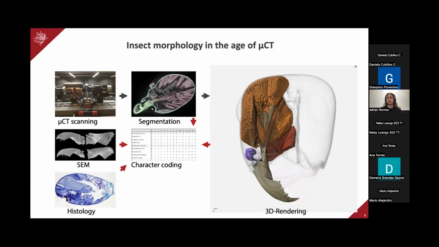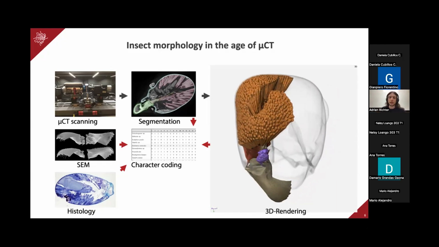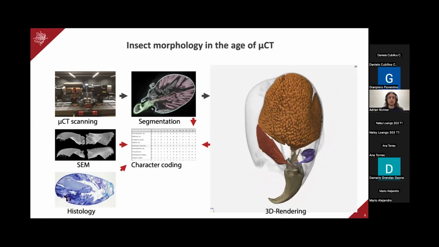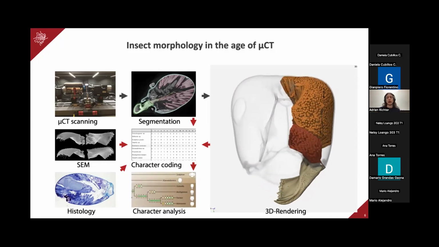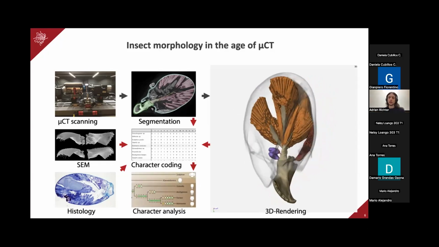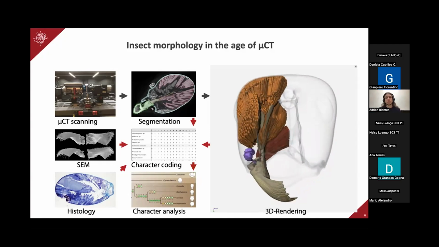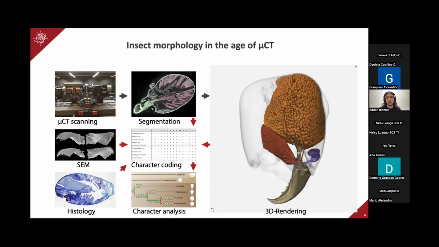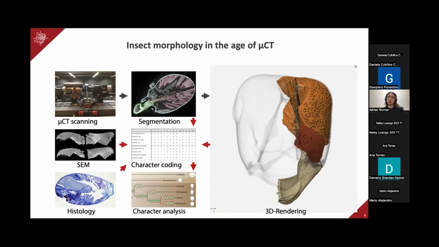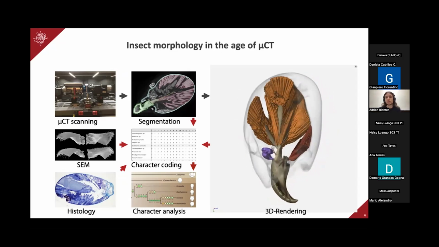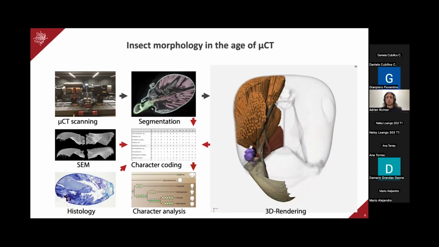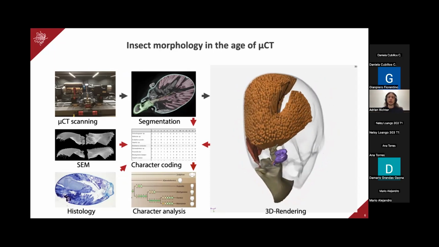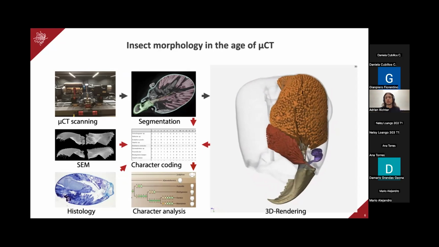But it could, as mentioned before, also be all kinds of other morphological data that is more quantitative. And then I can use that to analyze these characters. The typical analysis for evolutionary inferences would, of course, be ancestral state reconstruction, but there's also a bunch of other kinds of statistical analyses that you can do to understand better how and why your characters evolved in a certain way.